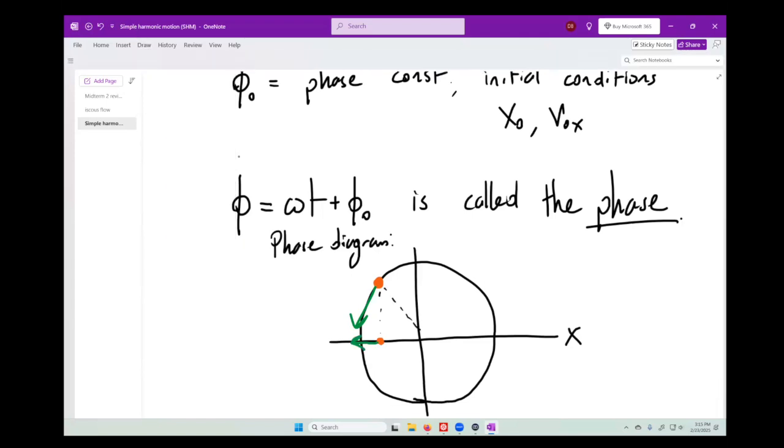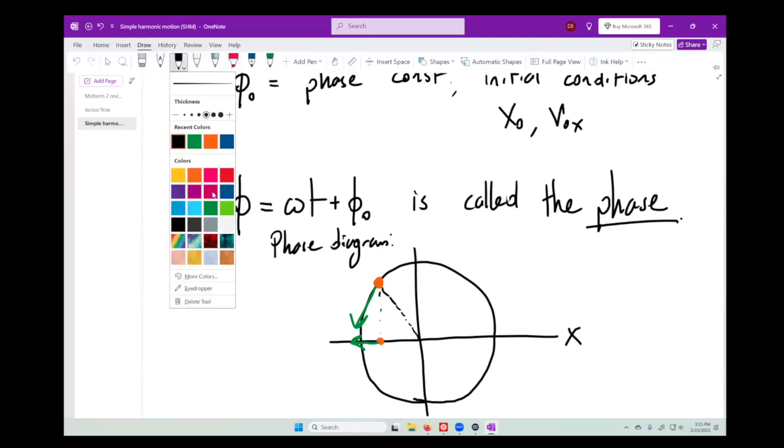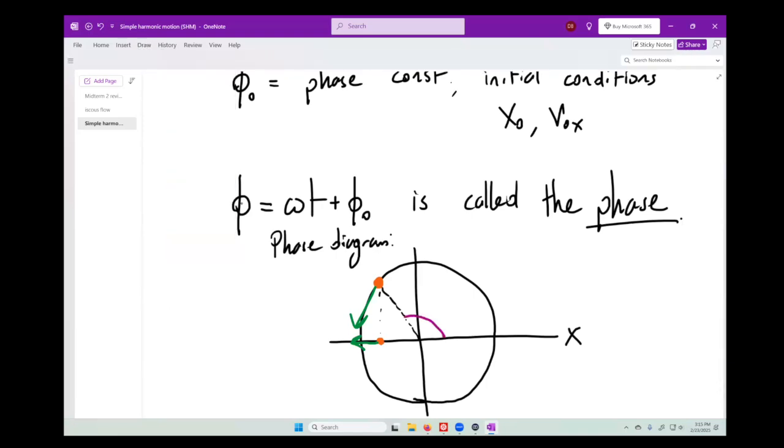And this angle here of the particle measured from the x-axis, that is the phase. So as you can see, as time increases, our phase is going to be increasing as well. And that corresponds to the fact that our particle is moving around the circle.